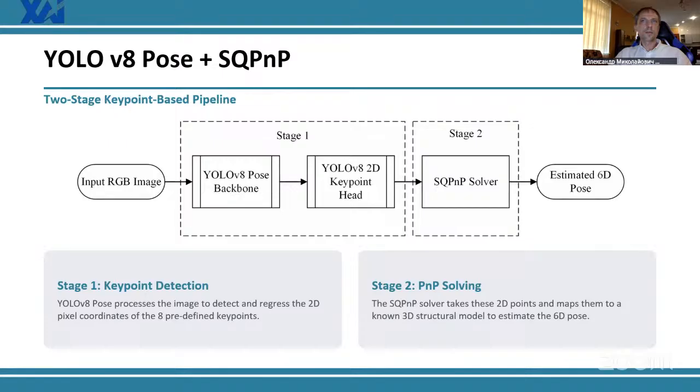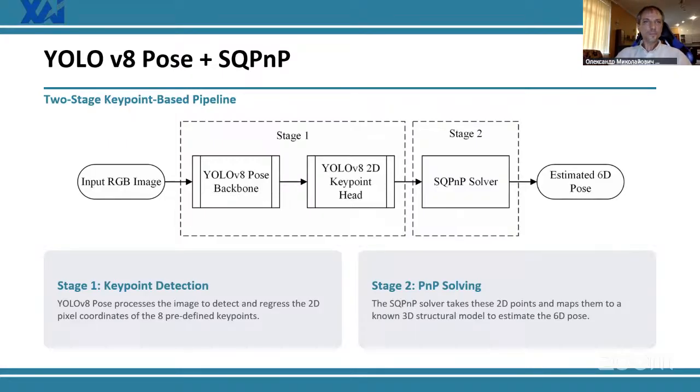In the second stage, these coordinates are fed into a geometric PnP solver, which computes a 6D pose based on the drone's known geometry. While this is an elegant solution, it has a significant drawback. The geometric solver is extremely sensitive to pixel noise, as I said before.